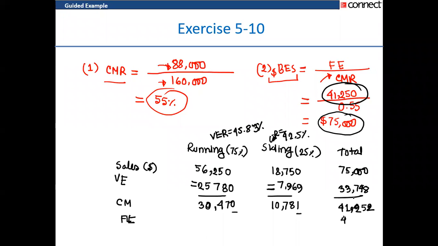So if we write the 41,250, we see our net operating income is close to 0, or you can say 2. So you see net operating income is supposed to be 0 here. So this 2 or this 1, if it arises other than 0, it should be linked to some of the rounding you have made earlier.